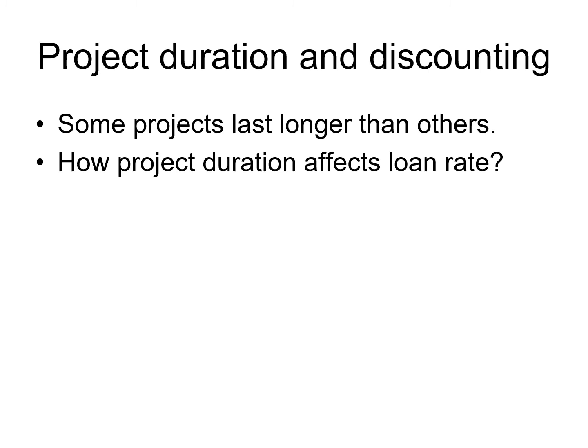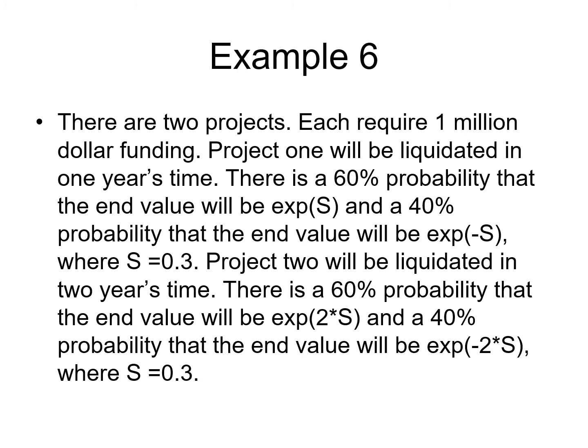Project duration and discounting. Some projects last longer than others. How does project duration affect the loan rate? Example 6. There are two projects. Each requires $1 million funding.